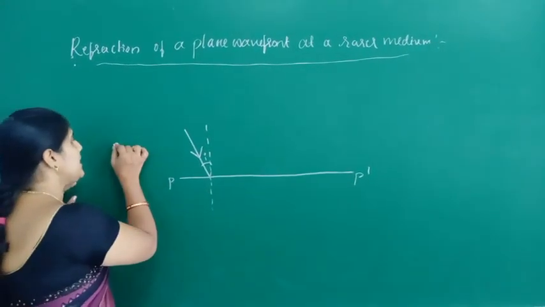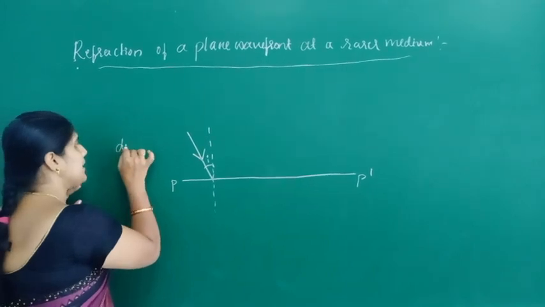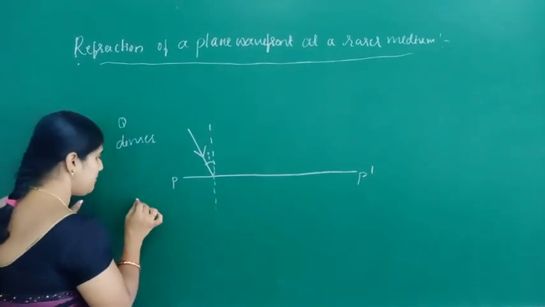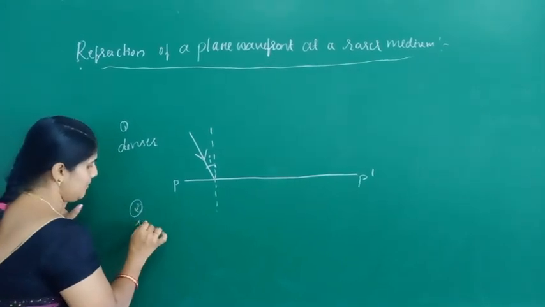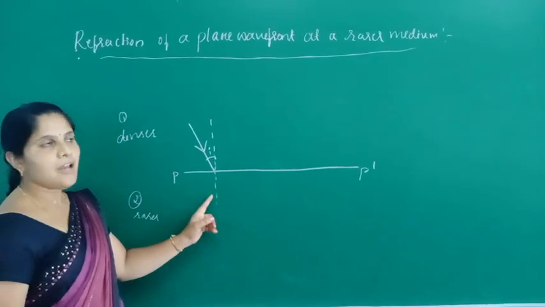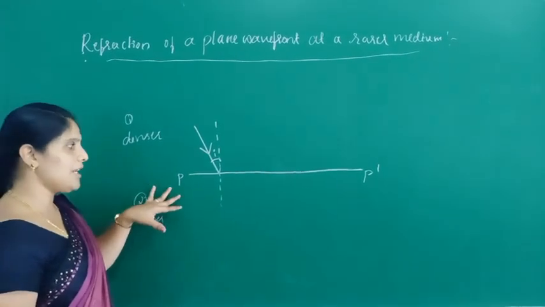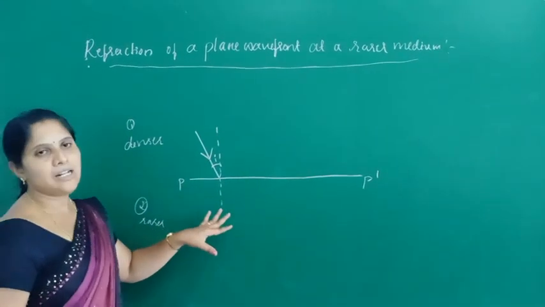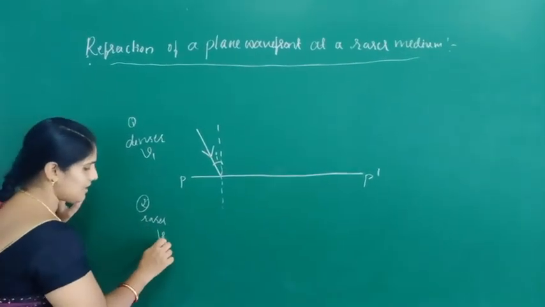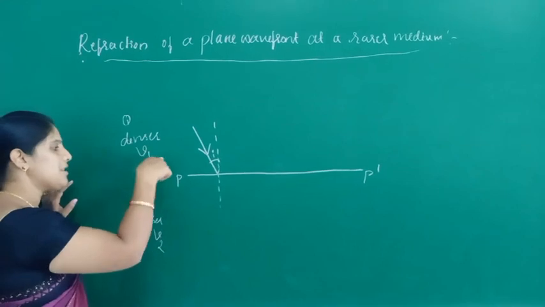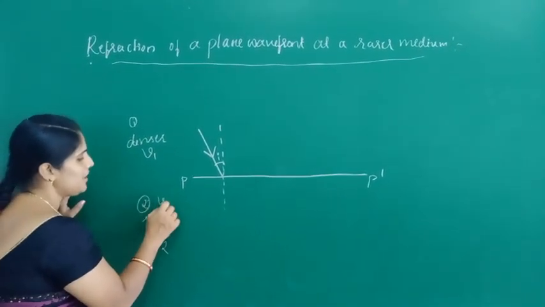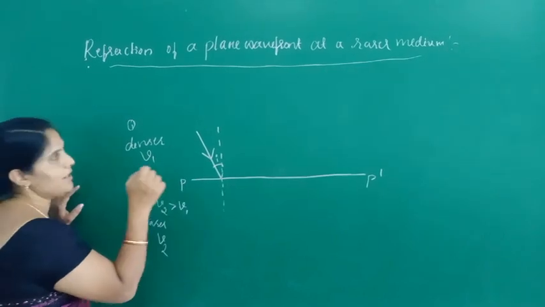Here, the first medium is the denser medium. Medium 1 is denser and medium 2 is the rarer medium. Here the light travels from denser to rarer medium, so its velocity increases. Here v1 is the velocity in the first medium and v2 is the velocity in the second medium. That is, v2 is greater than v1.